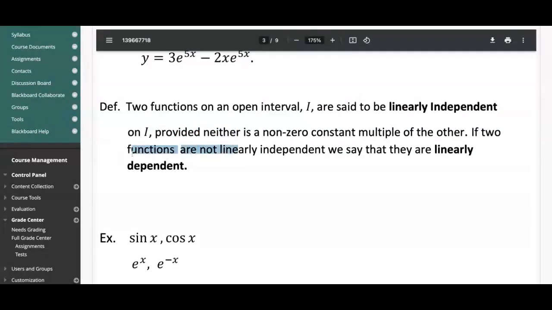If two functions are not linearly independent, we say they are linearly dependent.